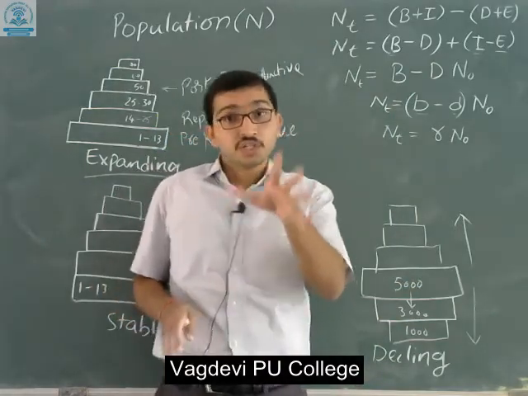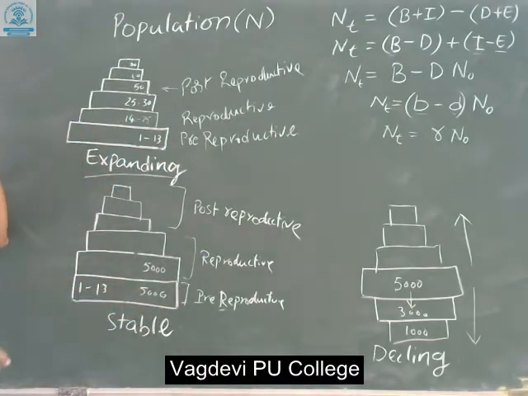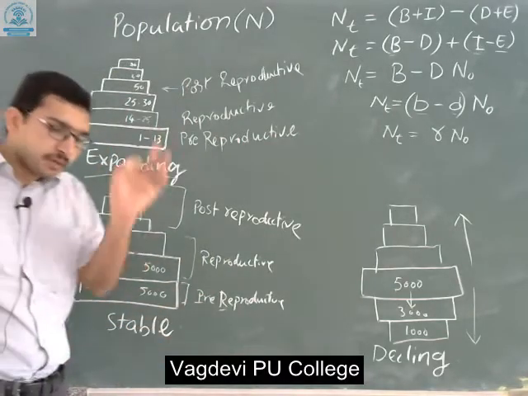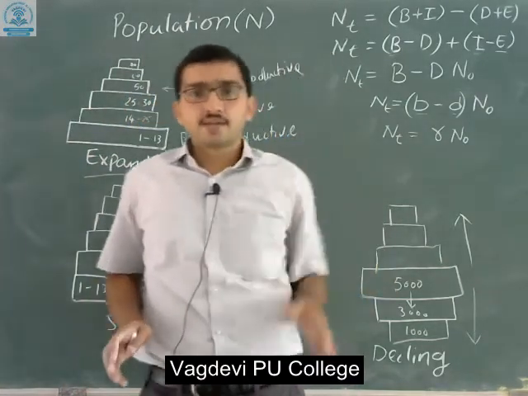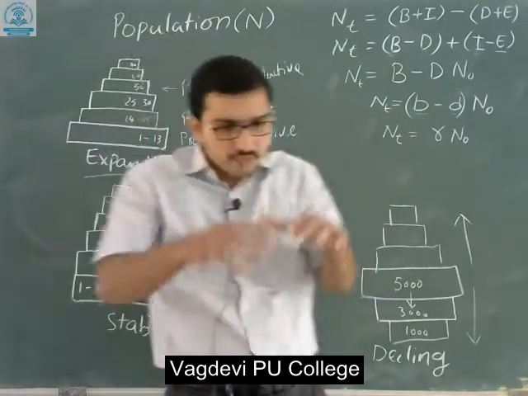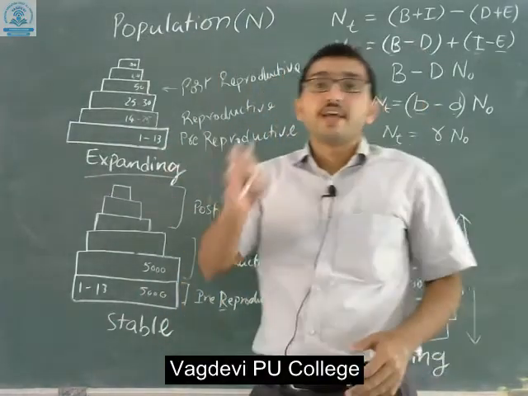I hope these three age pyramids give you a complete, broad idea. From the NEET as well as CET exam point of view, you can find any one of the pyramids and they will ask the nature of that age pyramid.